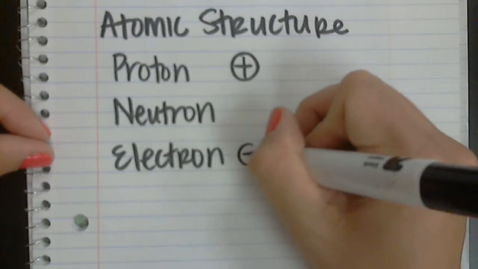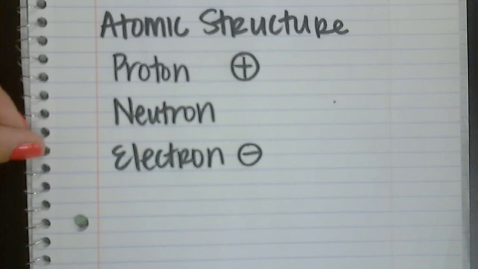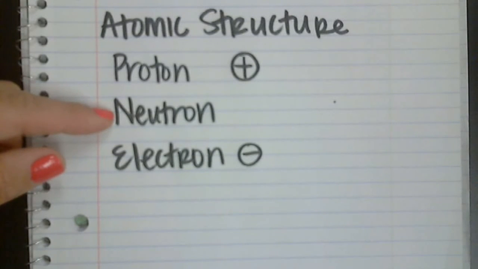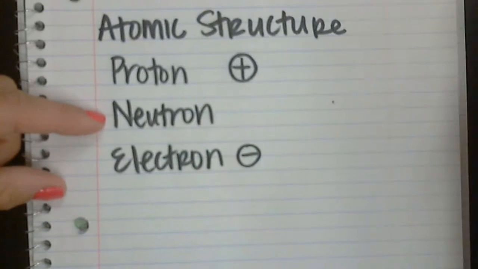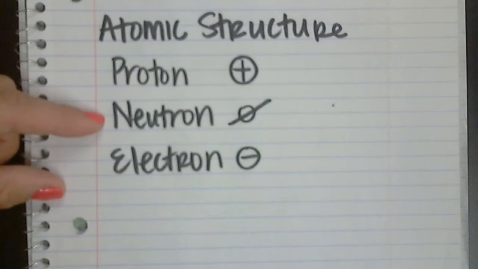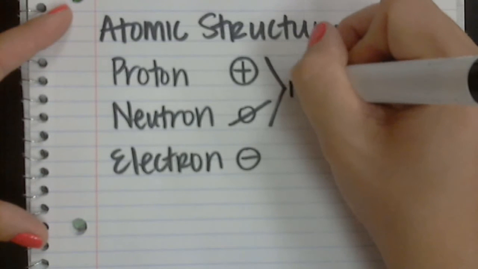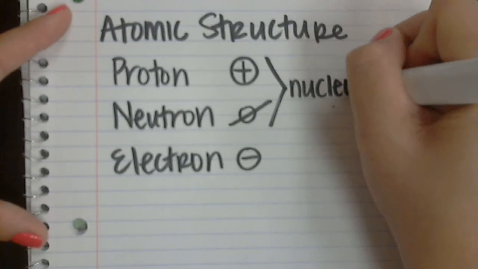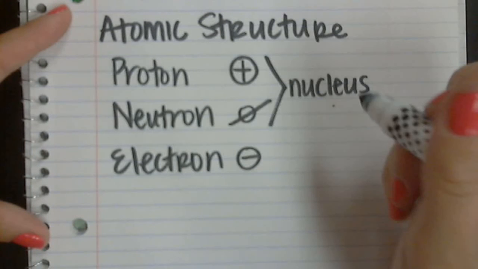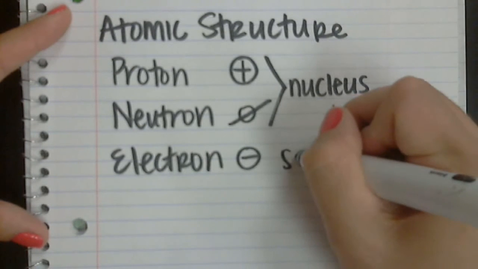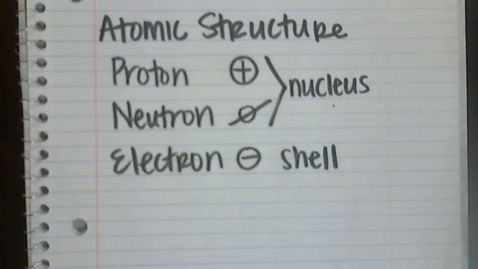An electron is the one with the negative charge. A neutron gets that NEU from being neutral. It has no charge. Protons and neutrons are located in the nucleus of the atom, while the electron is outside the nucleus, circulating in what's called an electron shell.